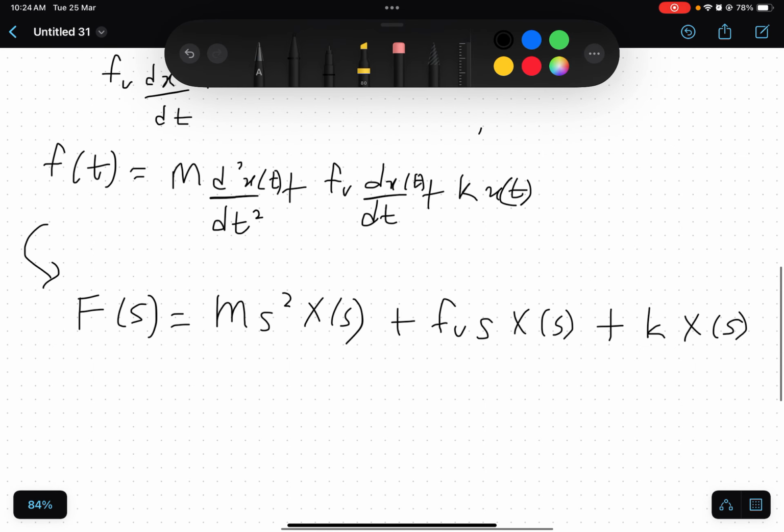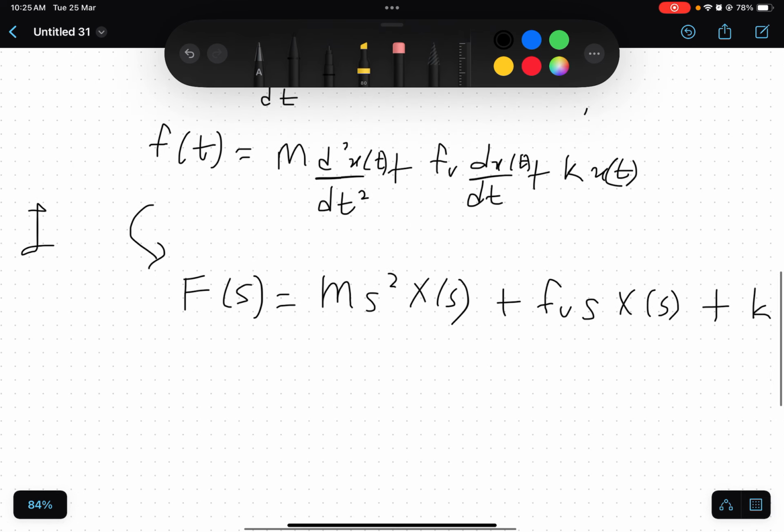So this is the equation of motion in the frequency domain.